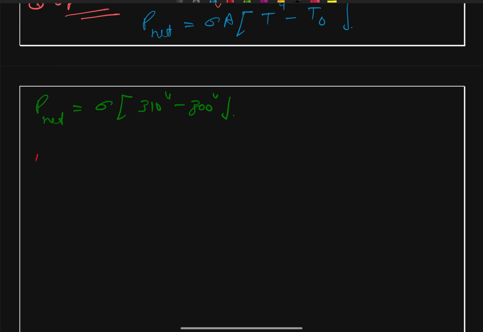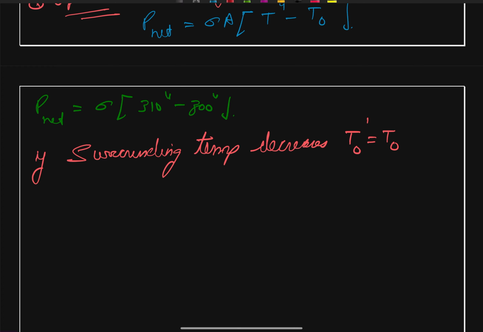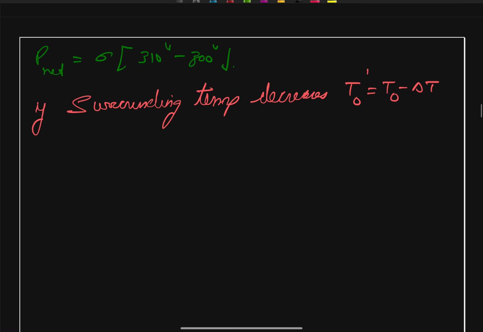So if the surrounding temperature decreases, let us suppose the new temperature is T0 prime, the initial temperature was T0, and it reduces by the amount delta T. Therefore, the new net power radiated, P net prime, will be equal to sigma times 310 raised to power 4 minus (T0 minus delta T) whole raised to power 4.